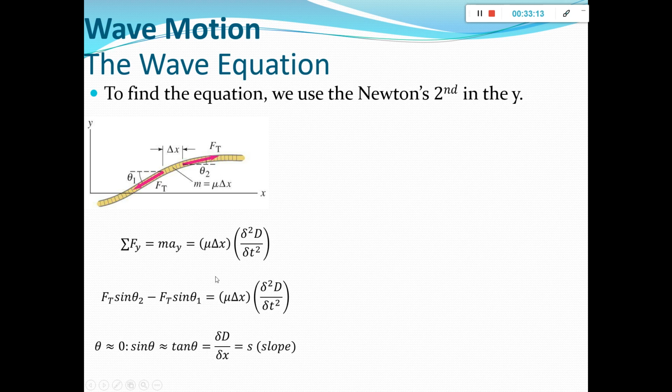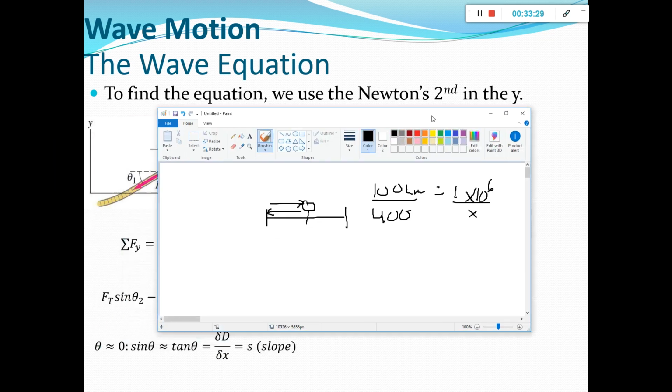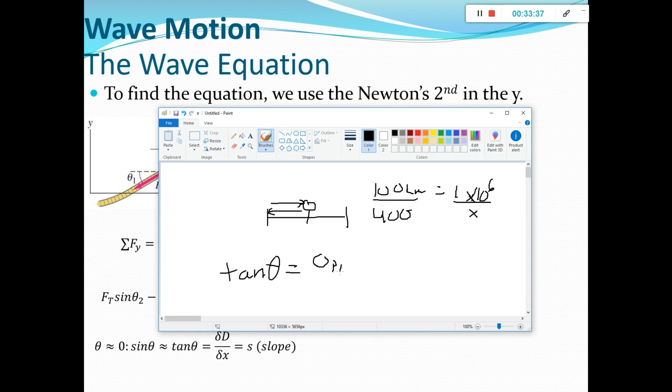That just comes from the fact that tangent is opposite over adjacent, which is similar to the slope equation, which is change in y over change in x. So I'll just write it here. If you remember SOHCAHTOA, your tangent equation is opposite over adjacent.